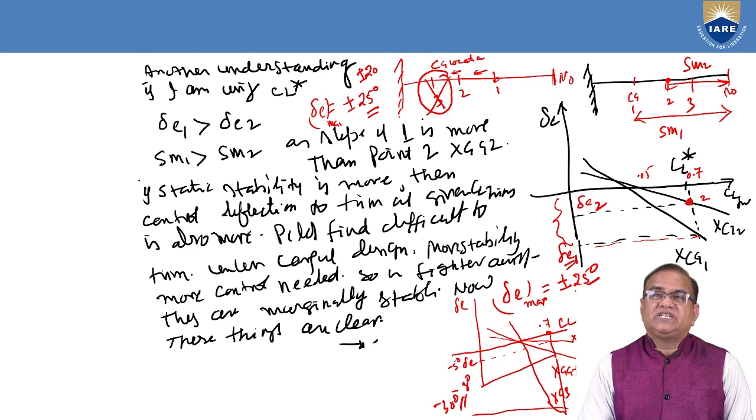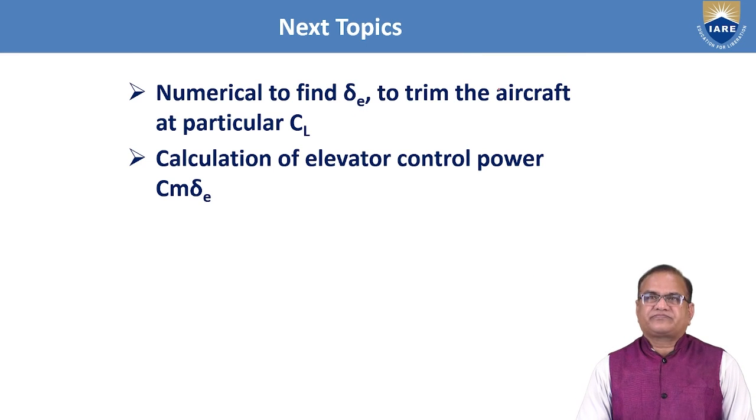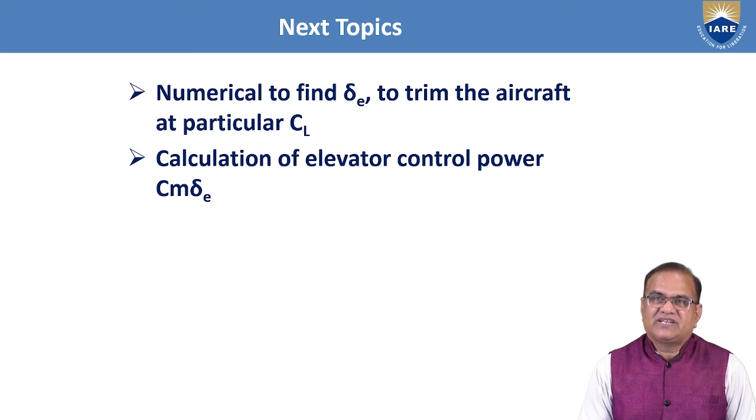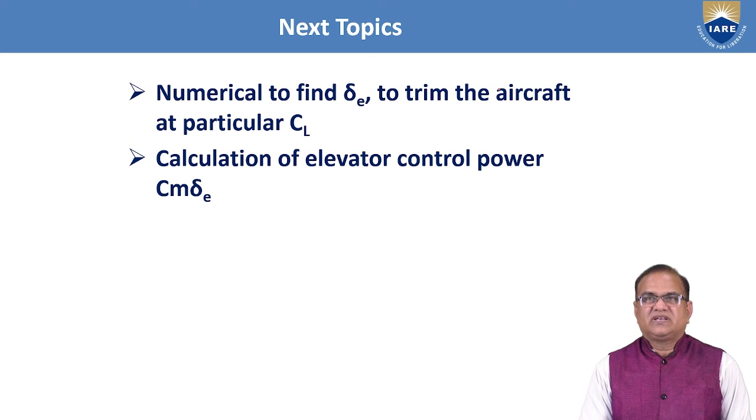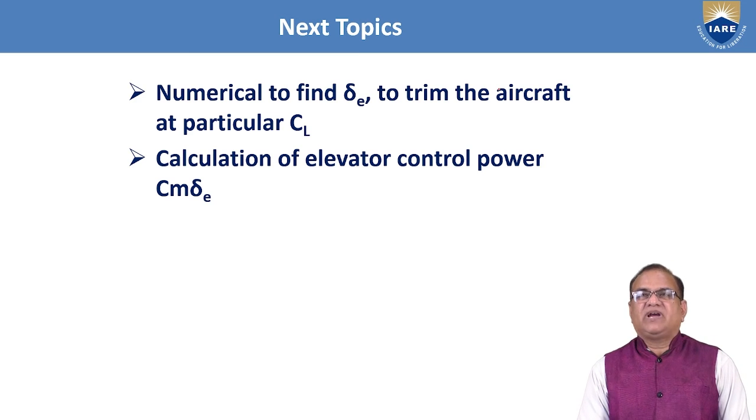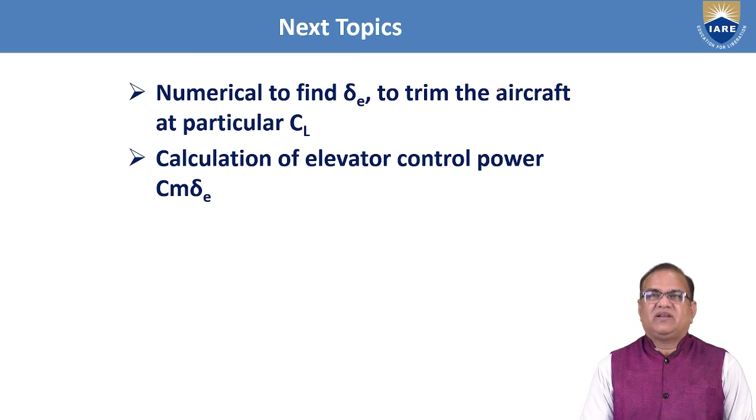We have also seen in today's class how much deflection of the elevator we can do for the forward condition, and we have found that the forward condition is limited by the elevator maximum deflection. So we cannot move our elevator more than the maximum elevator deflection given by the designer.